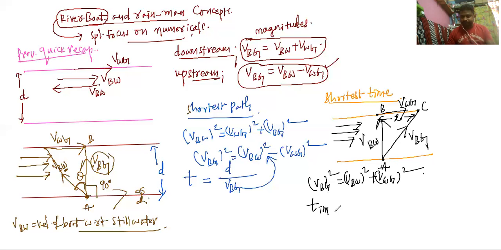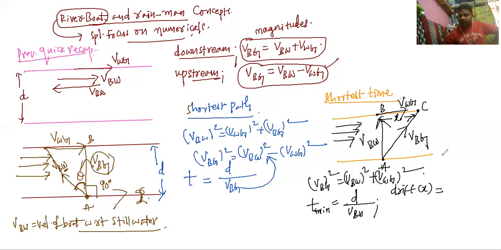Minimum time is equal to distance by the speed in that direction, right? So V_BW.